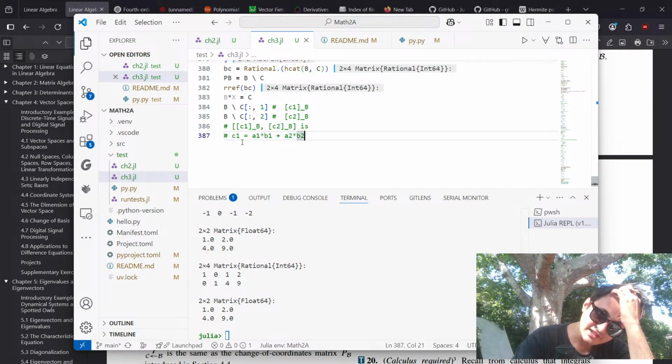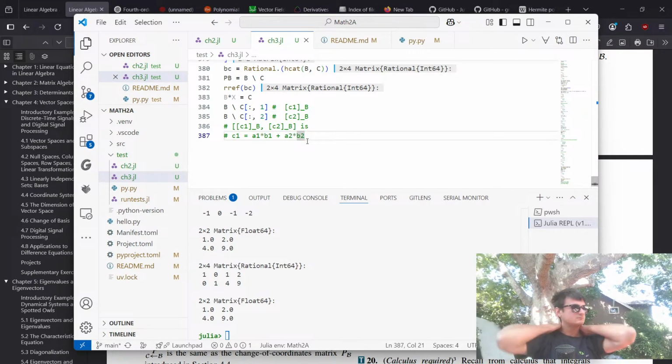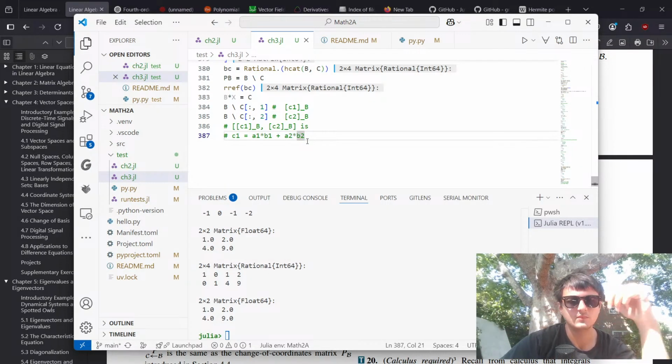So this is the B coordinate vector of C1.